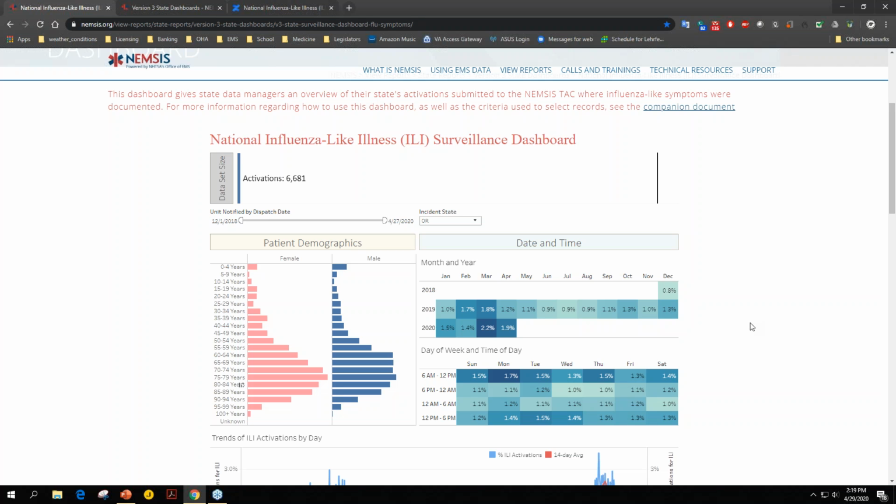For instance, now we know that there's almost no flu A coming back positive, but we've got lots of COVID coming back positive. So we can correlate that with spikes in the ILI surveillance dashboard to get a pretty good idea about which respiratory pathogen this represents.